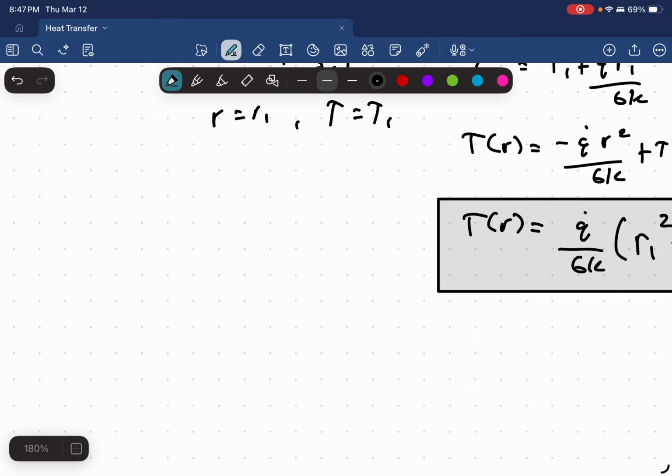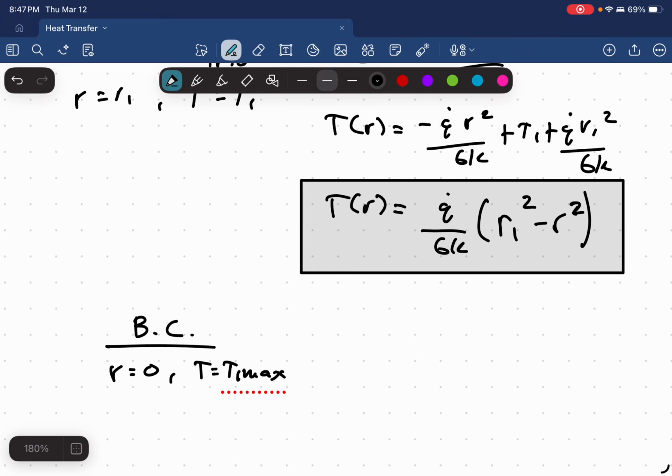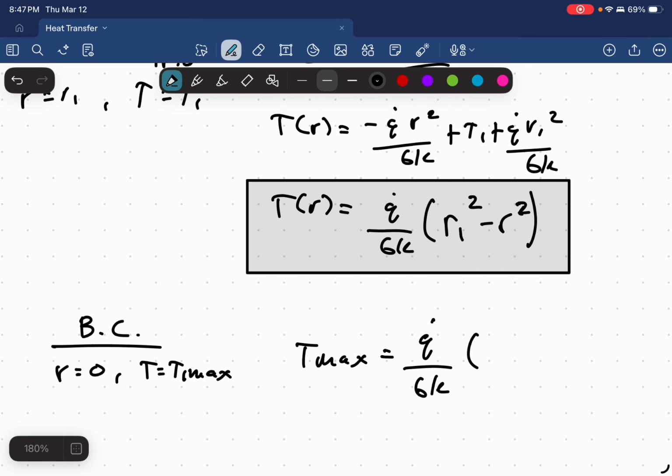The maximum temperature is going to be at the very center. So R equal to 0, that's when T is equal to T max. So T max is going to be Q dot over 6k times R1 squared, and we're substituting in 0 for R, so that just goes away. And this is our T max expression.